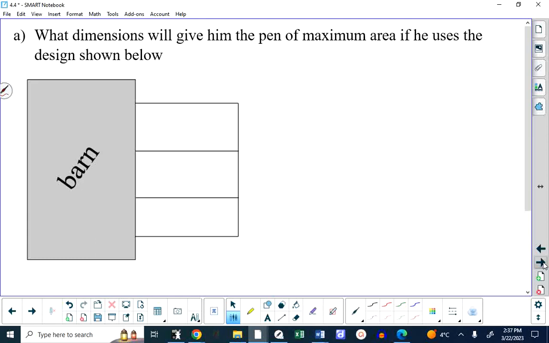We're going to start off by recognizing, and we saw this in some related rates questions, but not all, that in max-min problems, there's almost always an equation of constraint.